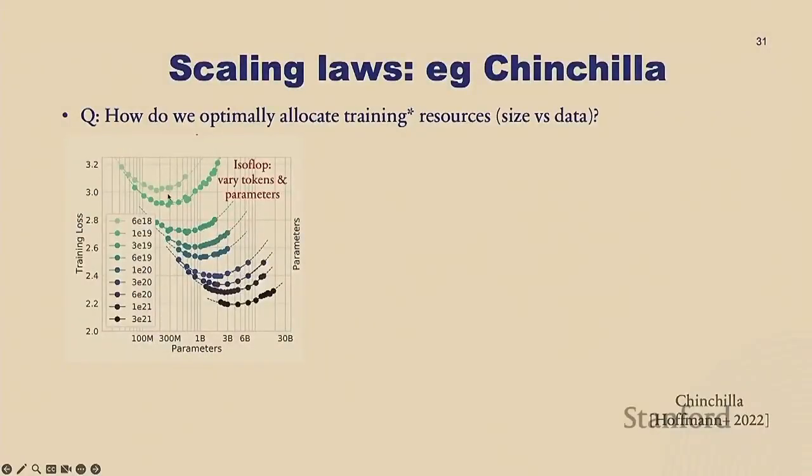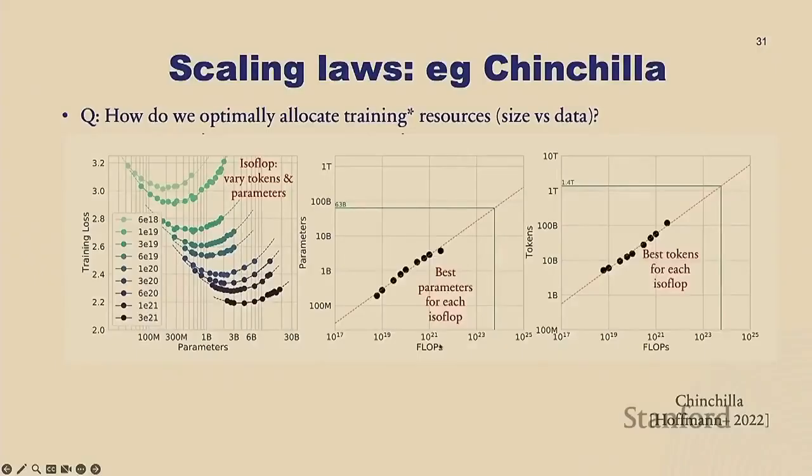Then you take the best one for each of those curves. Once you have the best one for each curve, you can plot how many flops it was, which curve you were on, and how many parameters you actually used for that specific point. You put that on a log scale again and fit a scaling law again.